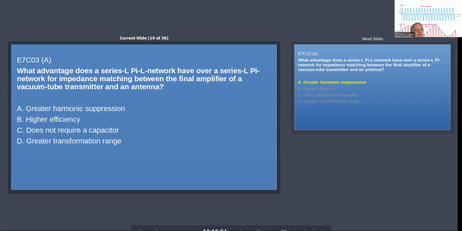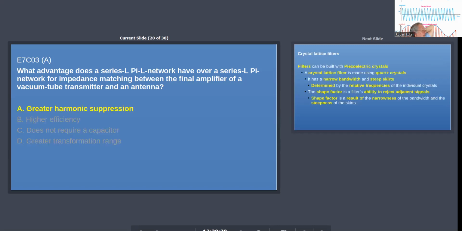What advantage does a series L pi-L network have over a series L pi network for impedance matching on the final vacuum tube transmitter? What did the inductor do? Harmonic suppression. Right. Kind of like putting the ferrite bead, which is adding an inductor.